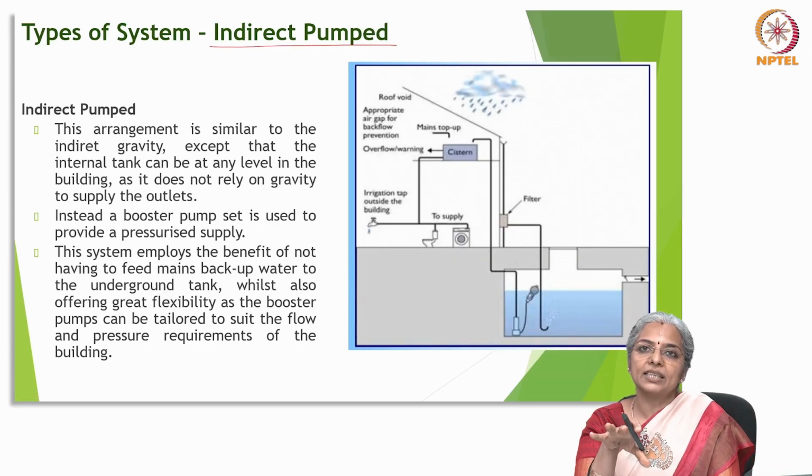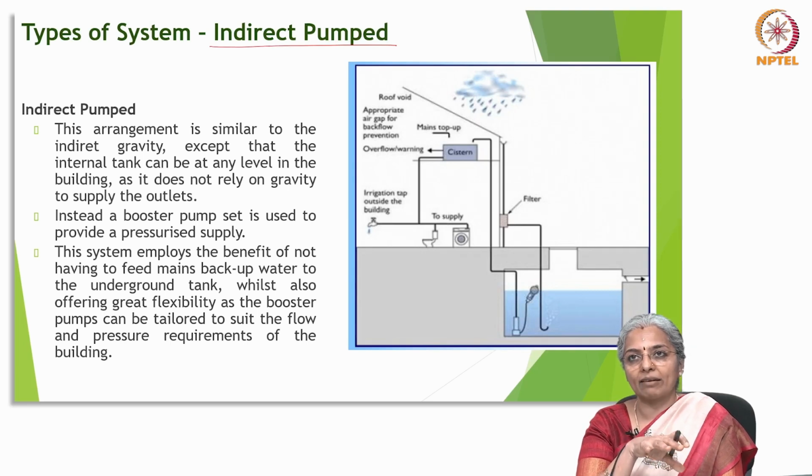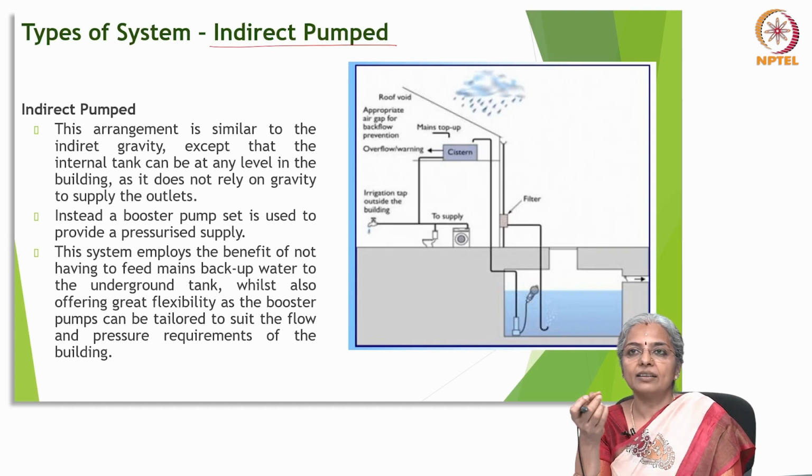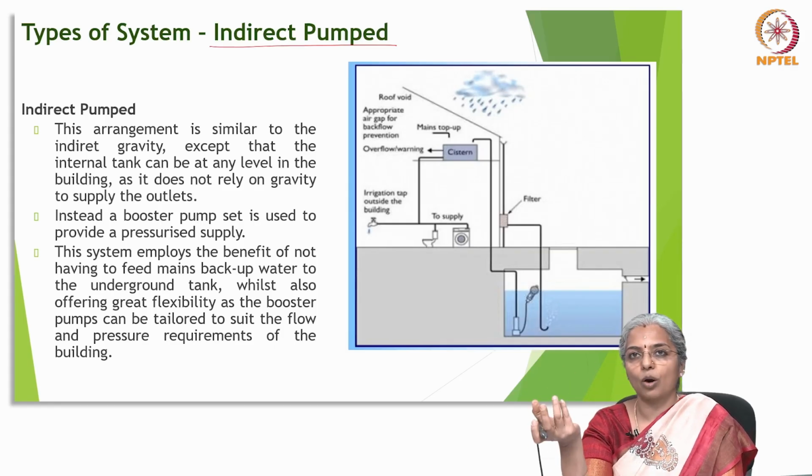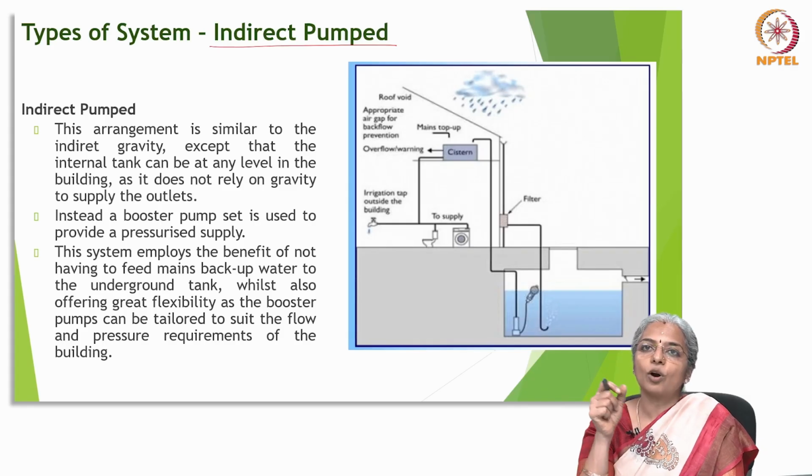Then we have the indirect pumped system. What happens in this is similar to the previous one, which is indirect gravity, except that the internal tank can be at any level of the building. It does not have to rely necessarily on gravity to supply the outlet. So, instead, there is a booster pump set that is also used to provide a pressurized supply.